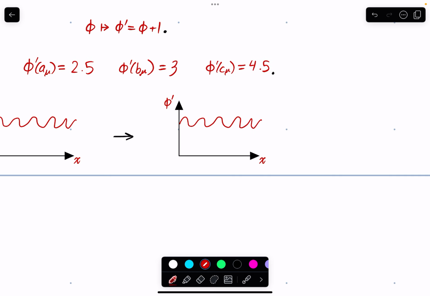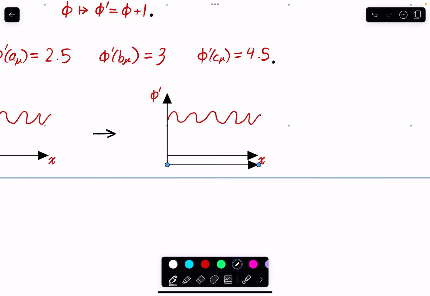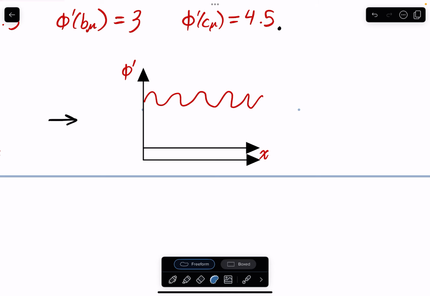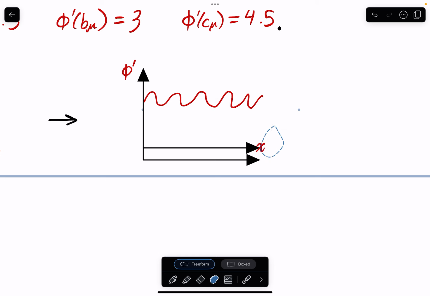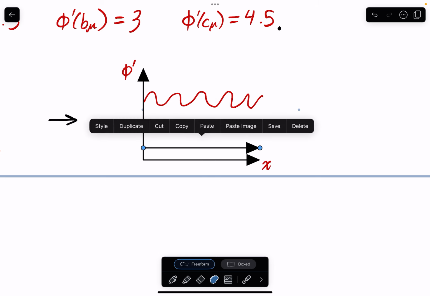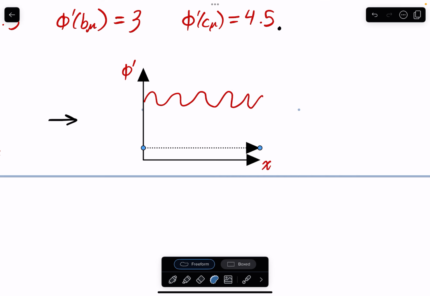shifting it is like having an extra value right here. So the x direction is here, but it's now below.